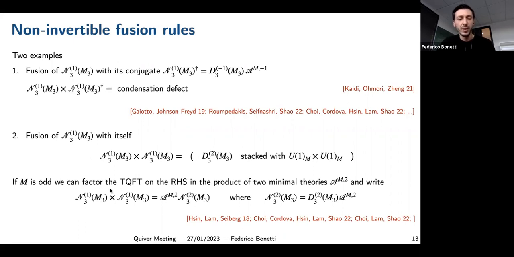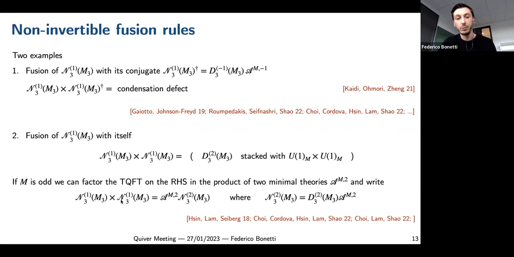If M is odd, one can demonstrate that this object factorizes into two minimal theories in a way that only one factor couples to the symmetry that was anomalous, and it becomes the dressing. So we have this N of charge 2, and the other curly A becomes a coefficient. So this is another manifestation of fusion rules in the realm of non-invertible symmetry.